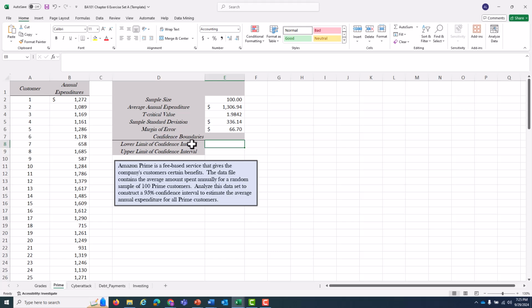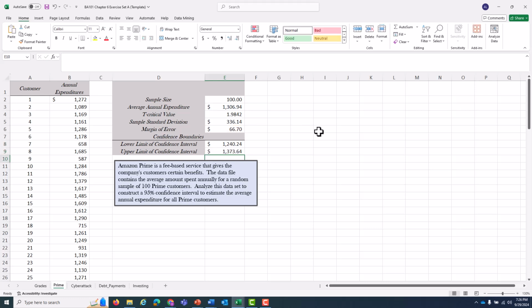So what do we have for our interval? Well, the lower end is going to be x bar minus E, our average annual expenditure minus our margin of error. So this is going to be equal to 1306.94 minus 66.70, which is 1240.24. And the upper limit of our confidence interval is going to be equal to x bar, our average annual expenditure, plus our margin of error of 66.70.